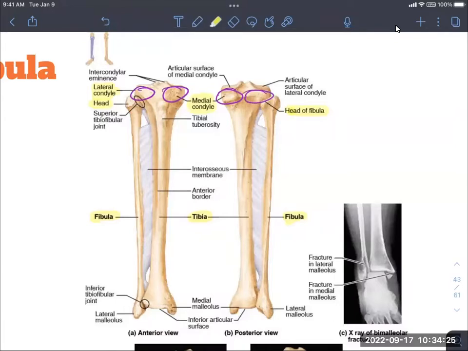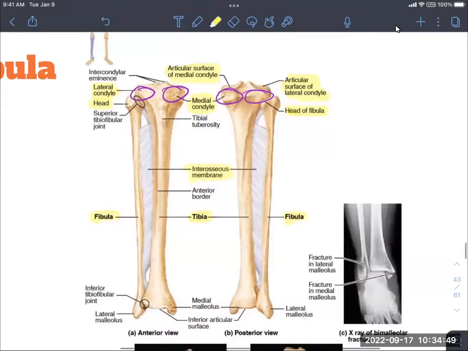We have our articular surfaces of the lateral condyle, and then we have the articular surface of the medial condyle. So again, where they articulate with the femur. Just like between the radius and the ulna, our tibia and our fibula have an interosseous membrane.